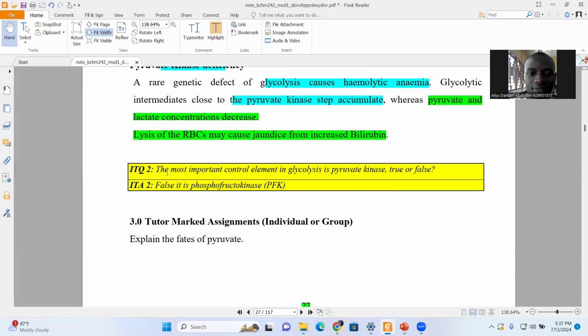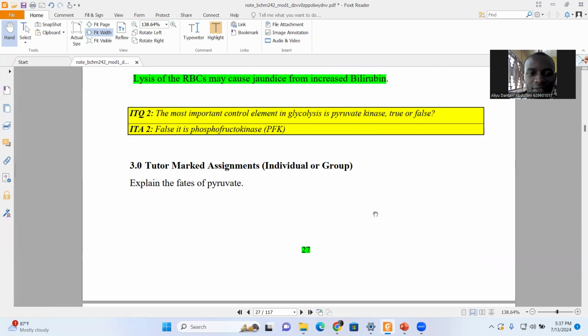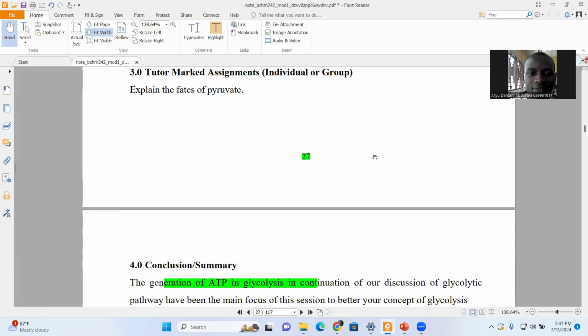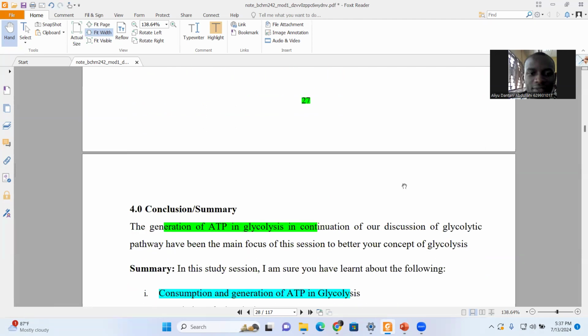So here's an ITQ question. The most important control element in glycolysis is pyruvate kinase. You can answer that and give us a reason. Okay, so 2 marked assignments. I think we'll address this. If I deem it worthy to give you these assignments, I'll communicate on the DLC platform as usual.